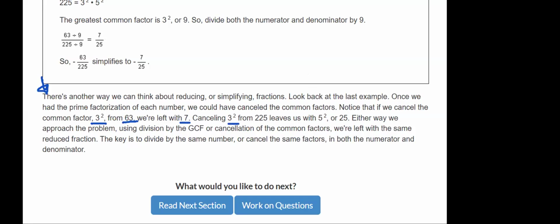Canceling 3 to the power of 2 from 225 leaves us with 5 to the power of 2, or 25. Either way, whether we divide by the greatest common factor or cancel the common factors, we're left with the same reduced fraction. The key is to divide by the same number or cancel the same factors in both the numerator and denominator.